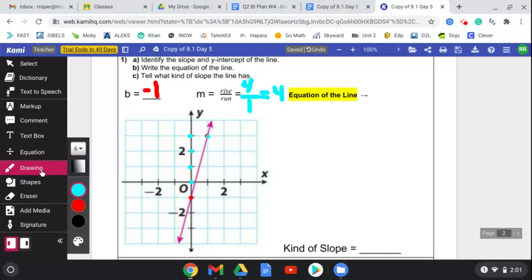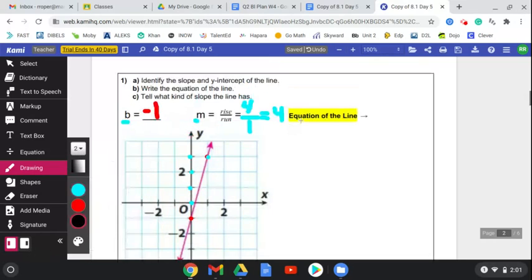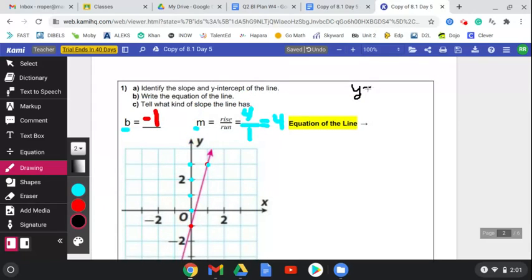Okay. Now I can use this information. If I know m and I know b, I have all I need to write an equation of the line in slope-intercept form. So the equation of the line, if we use slope-intercept form, y = mx + b, all I have to do is plug m and b into the equation. Okay, so the equation of the line is going to be y equals, then I have m.